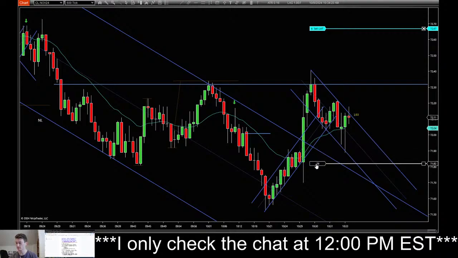Okay, maybe. So no bearish bar, not below the EMA.